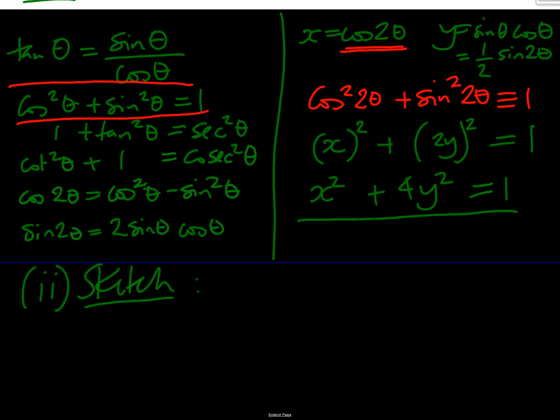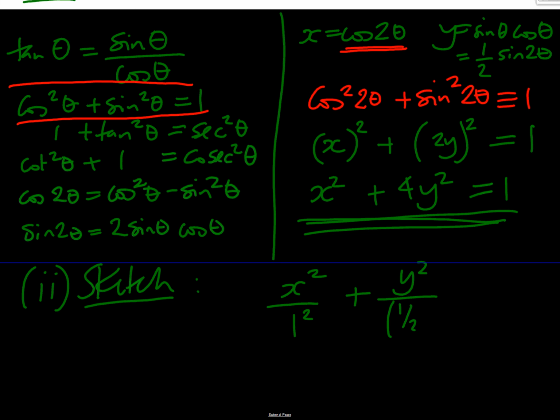Now those of you who've looked at this curve here and memorized and remembered a series of different shapes, then x squared plus y squared starts making you look at a circle, doesn't it? And if the multipliers are not the same, we're looking at an ellipse. So effectively we've got an x squared divided by 1 squared here, and a y squared divided by 1/2 all squared equals 1.